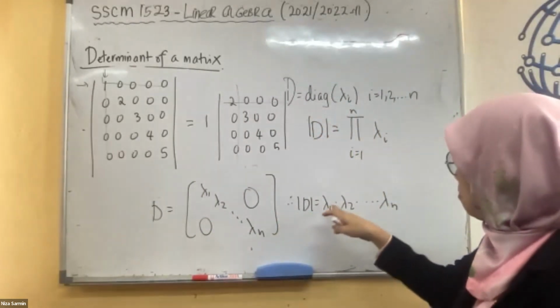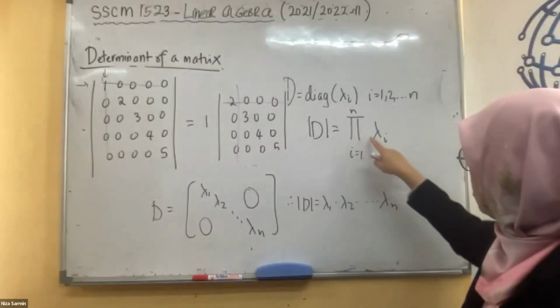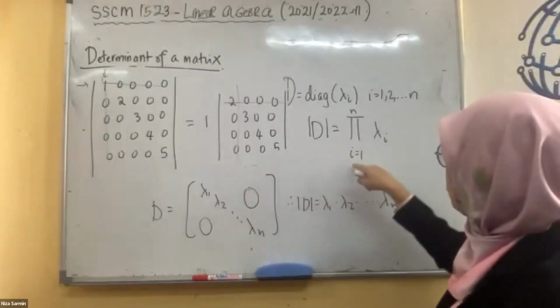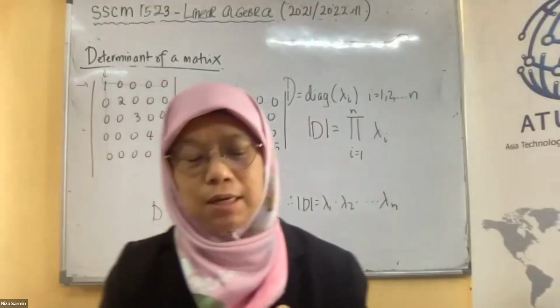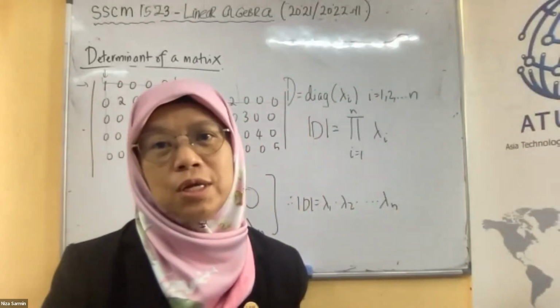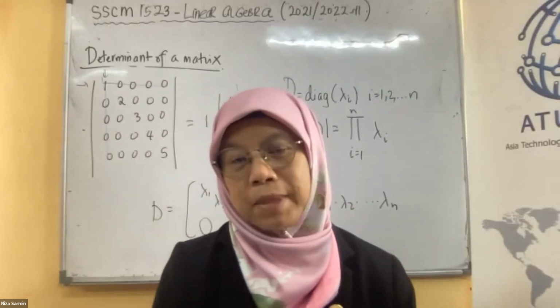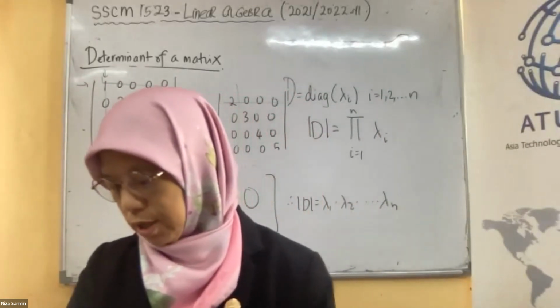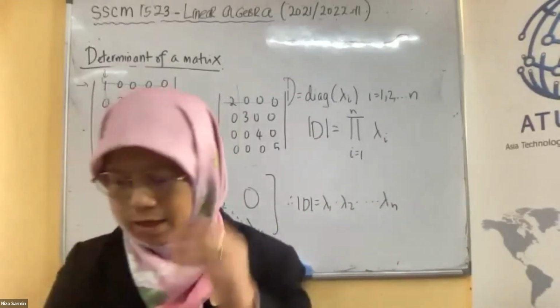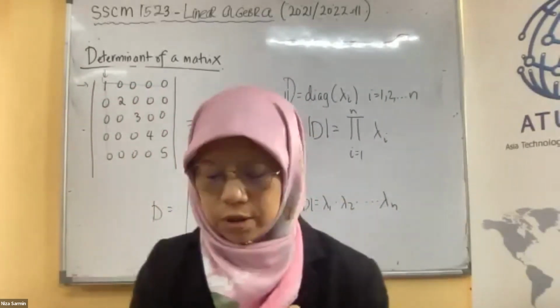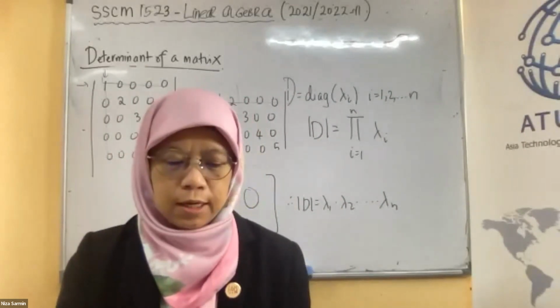Actually, it's just the product of all the lambda from 1 until n. This is a property, proven using the row or column expansion. Now we go and look at theorem 1.2 that I put in the notes.